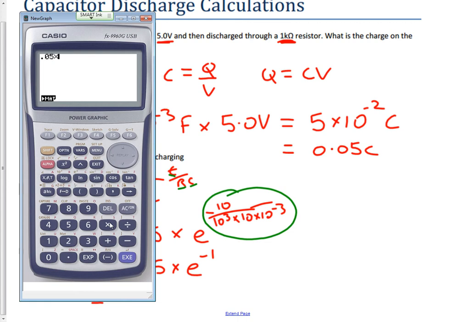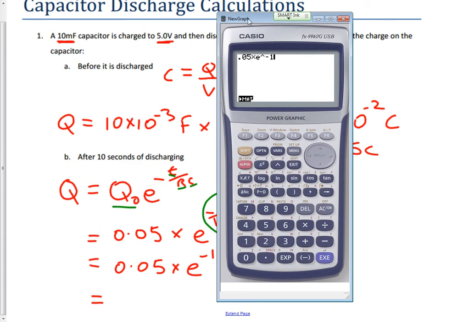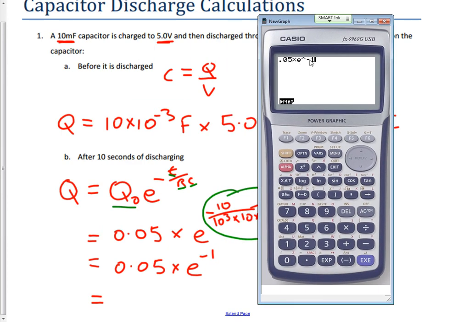I'm looking for ln, or e to the something, and I can't actually see. Here we go. Ln is here and e to the something is there, so I'm going to go shift e to the something, and it's e to the power of minus 1. So I want 0.05 coulombs times e to the power of minus 1.